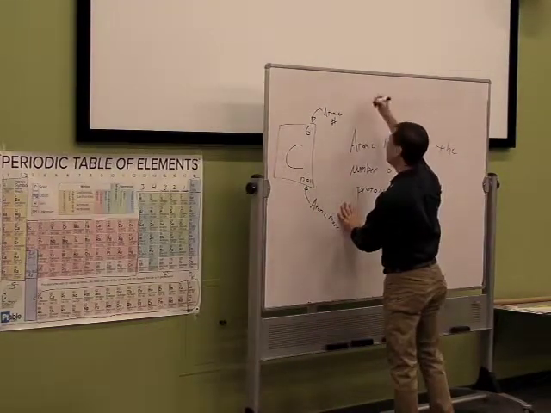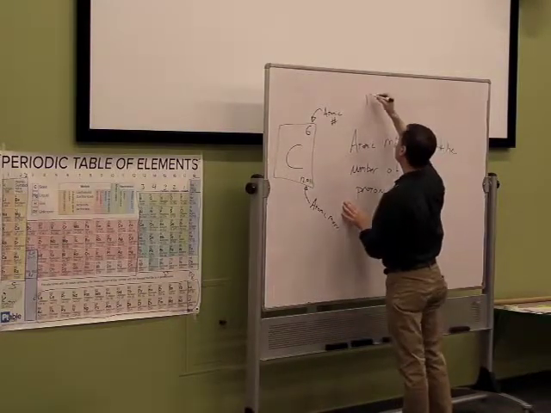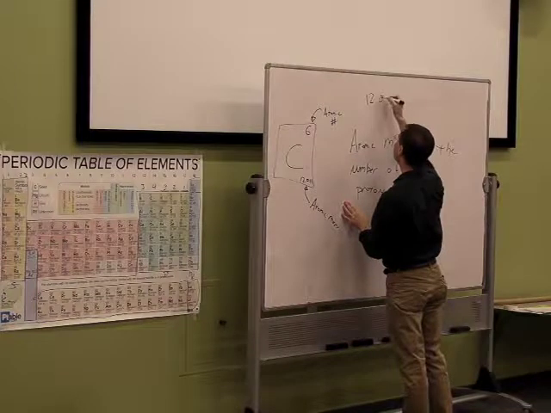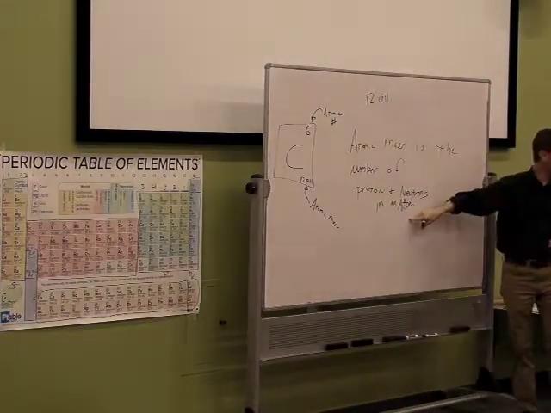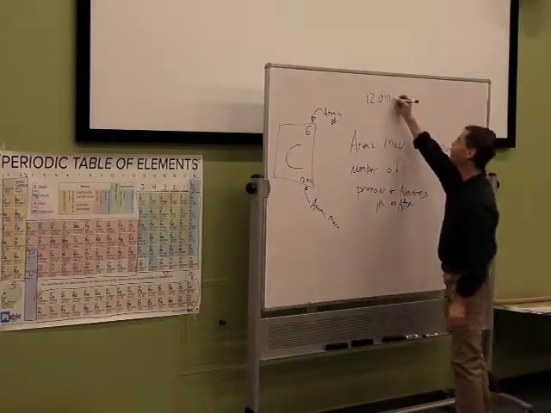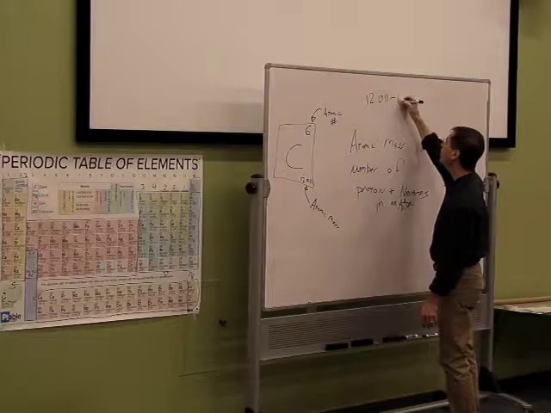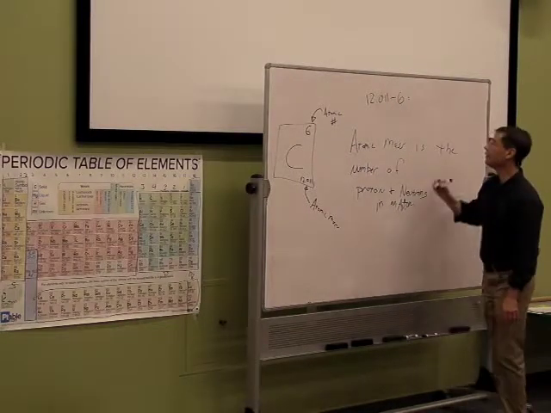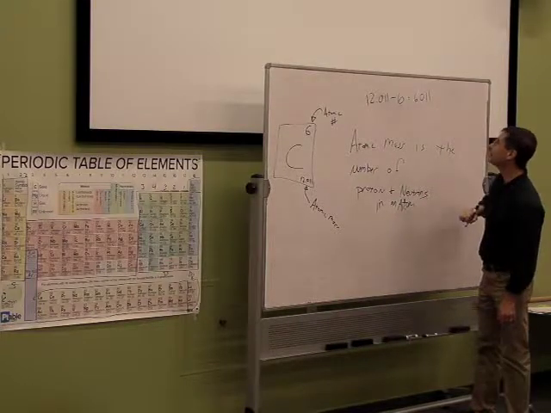So in this case, if the atomic mass here is 12.011, and we want to find out how many neutrons are in here, I subtract 6 from 12.011, and that equals 6.011. Good.